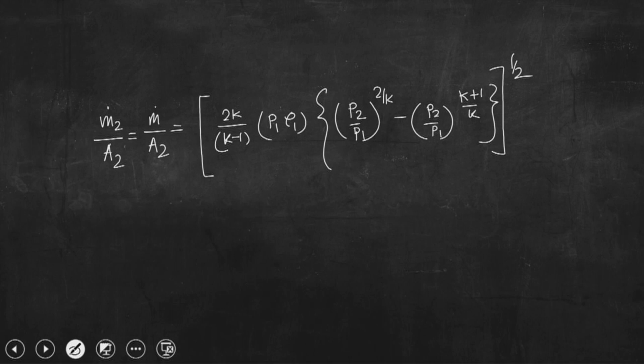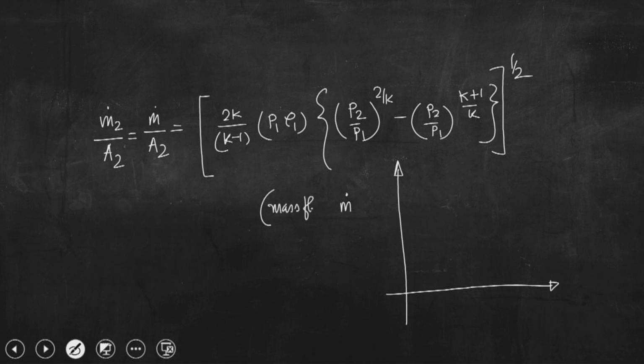If we try to plot the mass flow rate, so say this is m dot, that is mass flow rate, and this is P2 by P1.